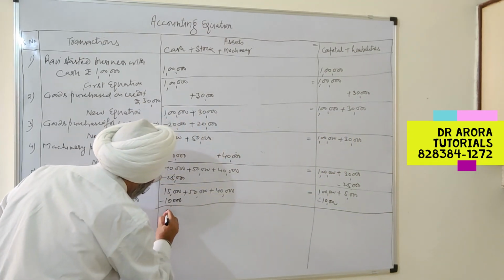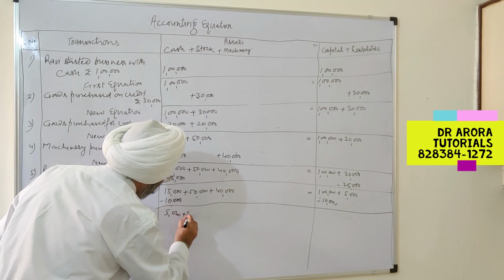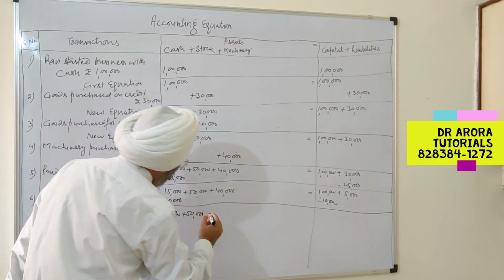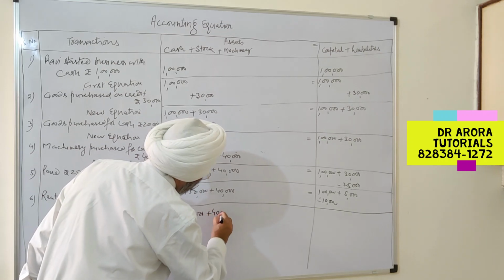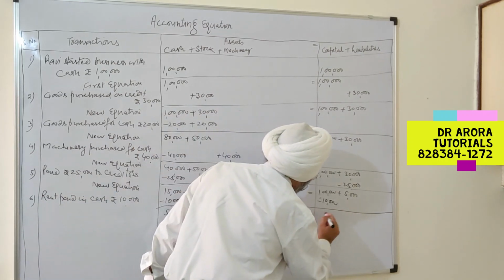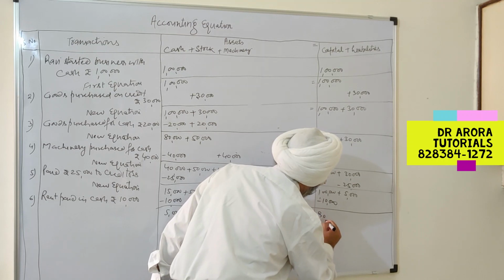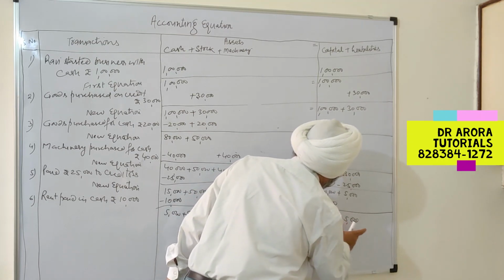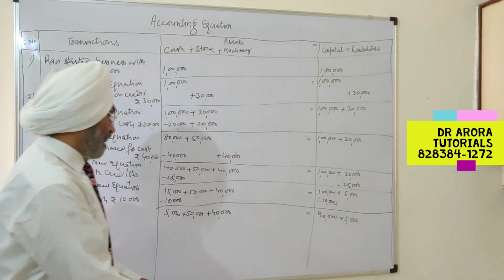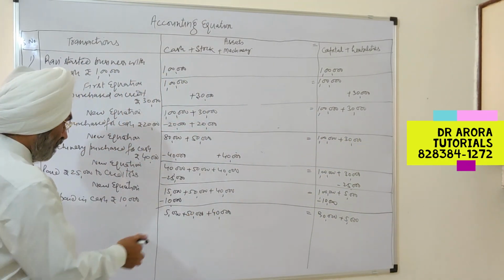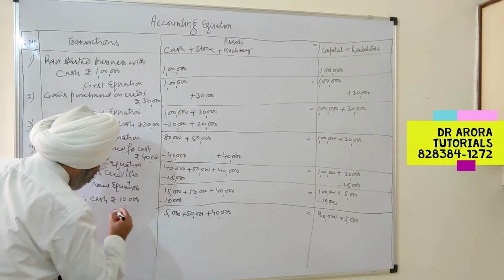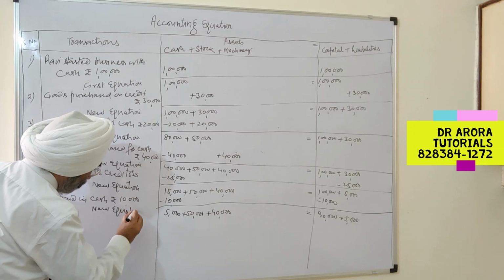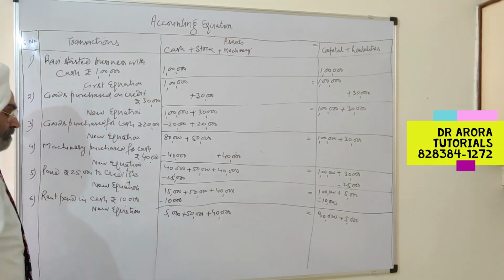So 5,000 will be cash, 50,000 will be our stock, and 40,000 will be our machinery, and 90,000 will be capital, and 5,000 will be liability. 95,000 this side, 95,000 this side. This is a new equation.